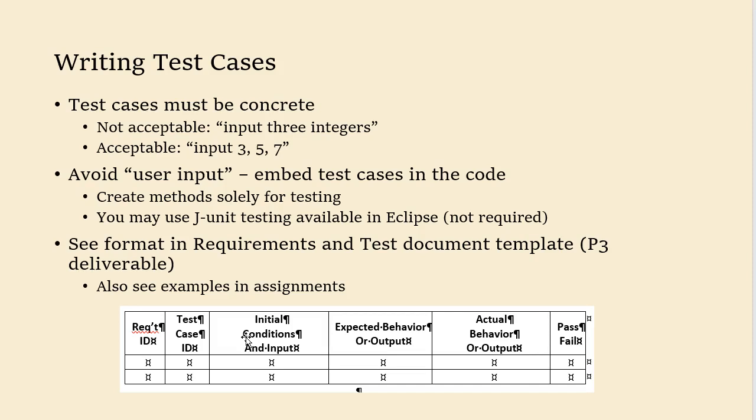What are the formats for the test case? Well, each test case should be there to support a specific requirement. So I'm giving you this format in the P3 template. Each one should support a requirement, so you have the requirement ID and then the test case ID. By the way, I recommend that you number your user stories 1, 2, 3, 4, 5, 6, and then if you have a requirement for user story 4, let's say you have 3 requirements for user story 4, I would say that's 4.1, 4.2, 4.3.